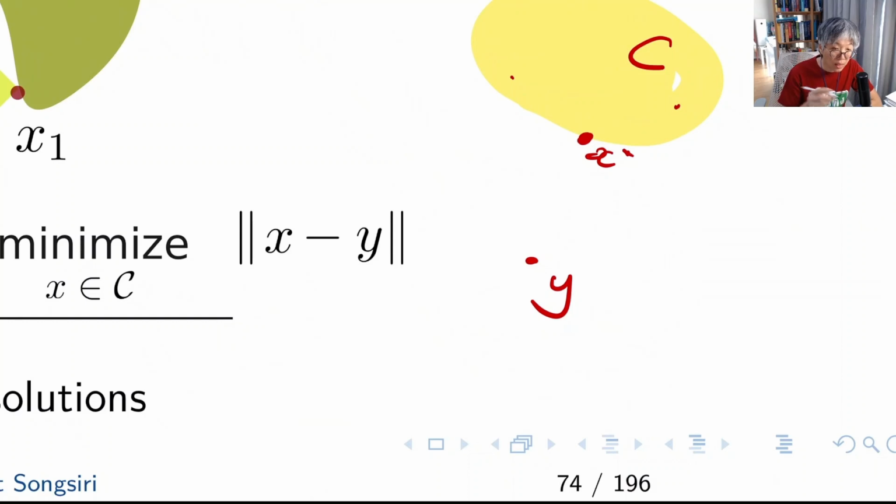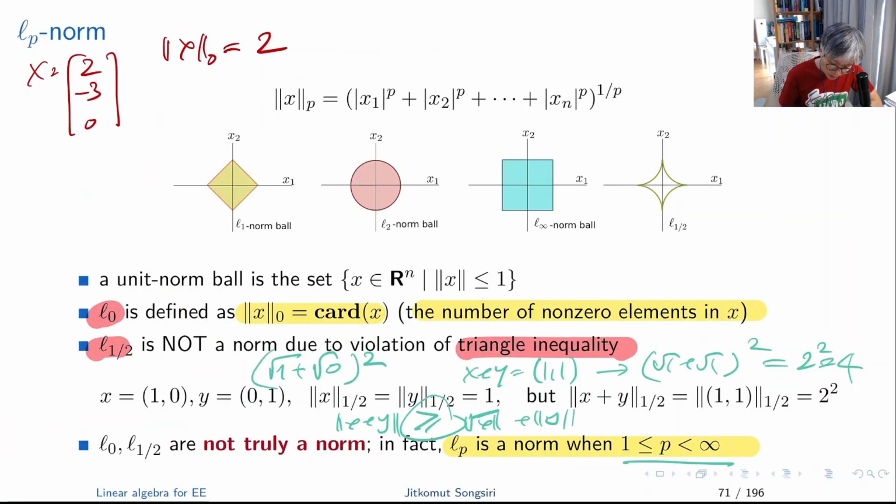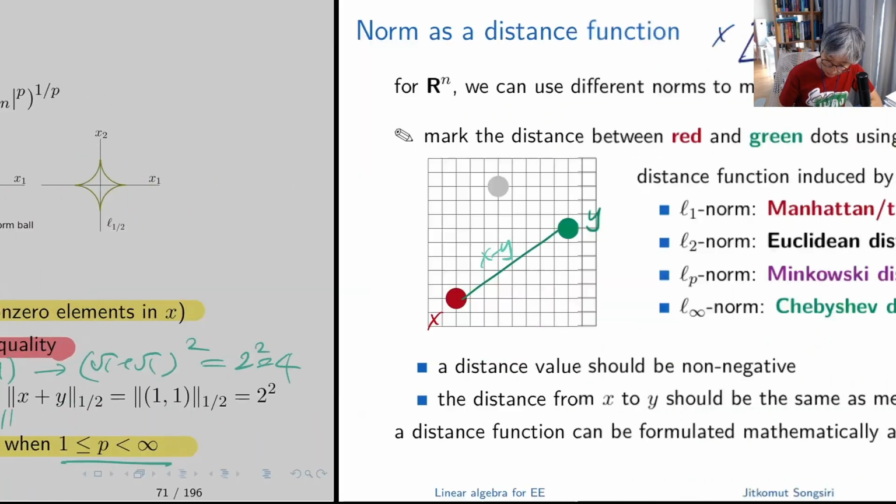I can use this concept for other notions of norm. Previously I used two norm, but if I use one norm, as we see from this result, the unit one norm ball is going to be a diamond shape.